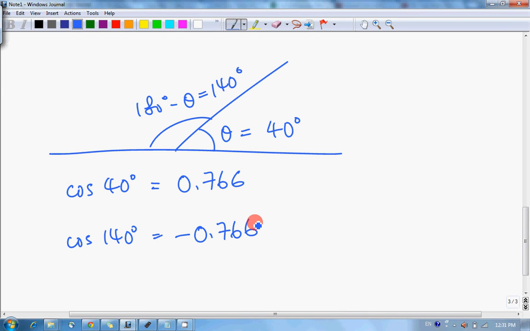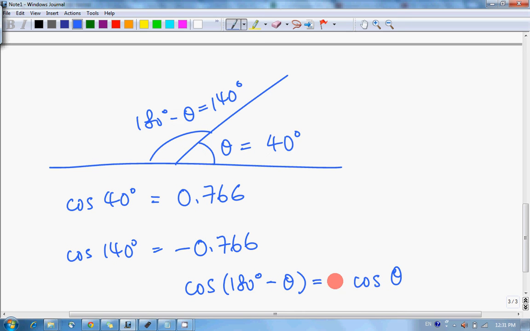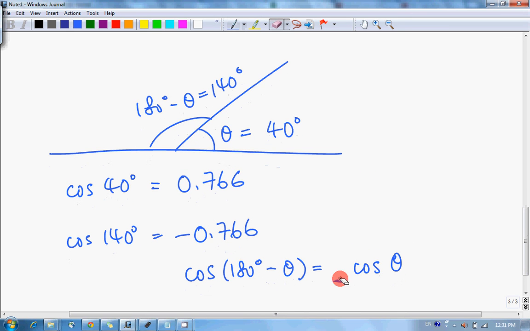So this is what we mean by cosine of 180 degrees minus theta has the same value as cosine theta but with a negative. Alright, so this is what we need to learn for trigo ratios of obtuse angles.